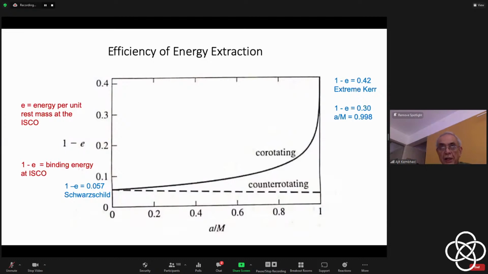And what is the amount of energy which is released? It is just 0.8% max, for the fusion of hydrogen to helium. Compared to that, these processes are far, far more efficient, because this is 42% and that's 0.8%.